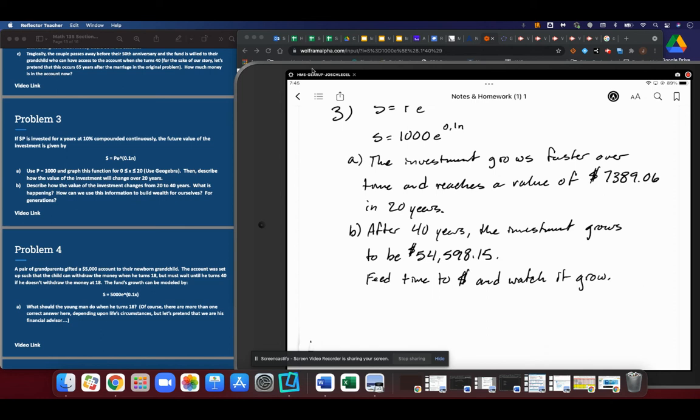And so again, it's important to understand the older an investment is, the faster it grows. And so you can legitimately leave a huge amount of wealth to your grandchildren or great grandchildren by establishing a fund today with like $50 and just letting it grow ridiculously over time. I will teach you how to do that in chapter 6.